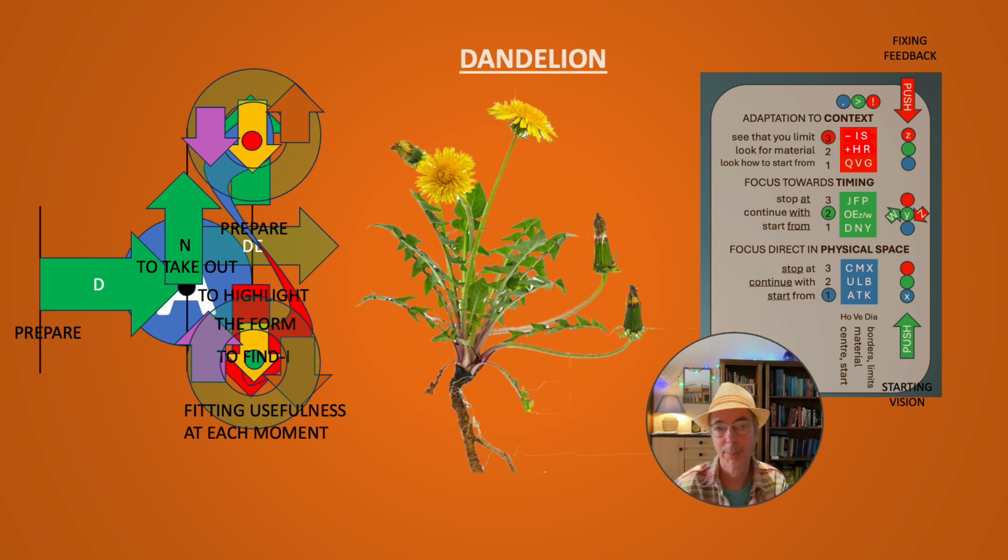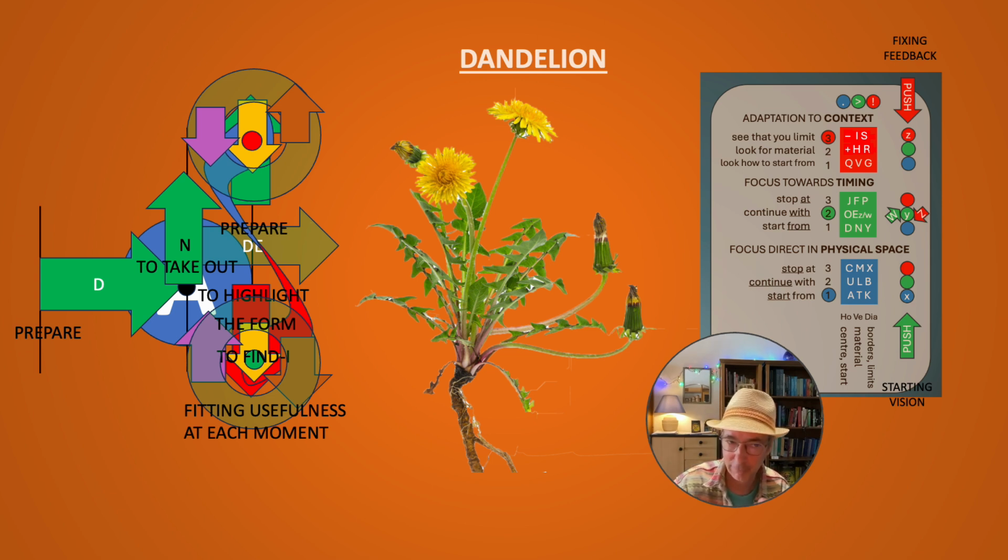Again, with the preparation, the D, to highlight a form with the E, then the L, to find an application, something useful at each moment.